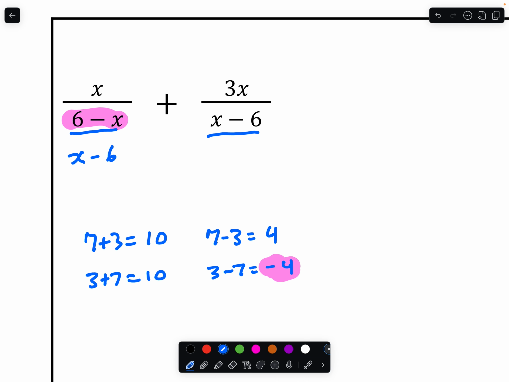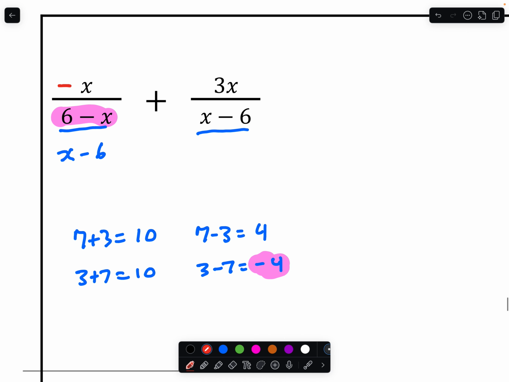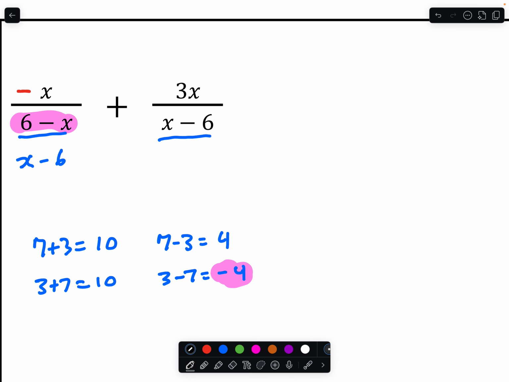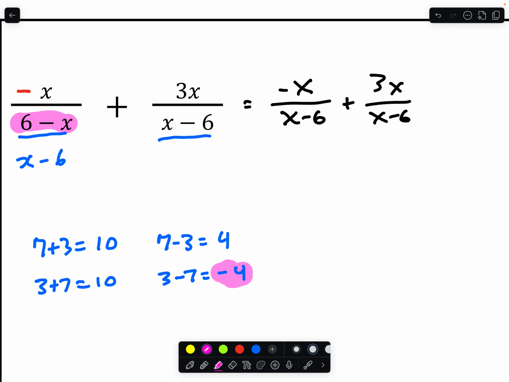So we have to make sure that we move this value up here and make the x negative. So what this really looks like is the following: negative x over x minus 6 plus 3x over x minus 6. So the big change here is if I switch this value around, you've got to incorporate that negative.